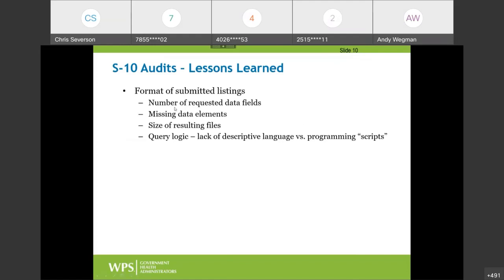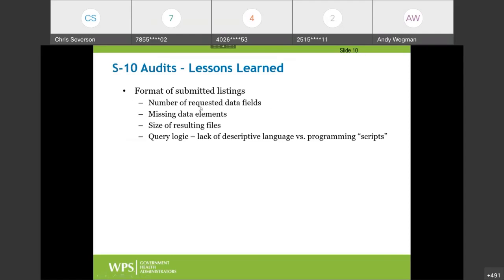But for example, the revenue codes, there was a big concern about making sure providers had excluded the professional services from their listing, and that's really the main purpose of the revenue code. They're starting to get away from that. The thought is that maybe for the next round down the road, we might not need to worry about that unless we come across in our sample that, hey, there was a professional service here, then we might have to revise the scope to dig into that issue.